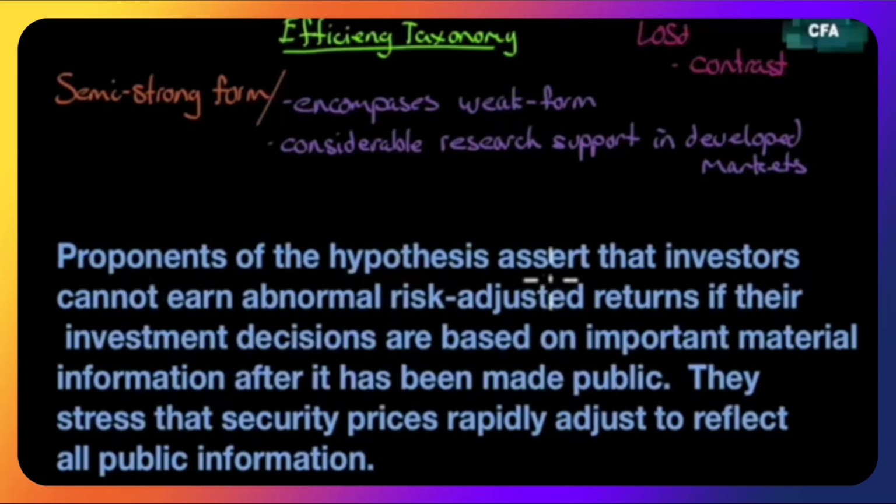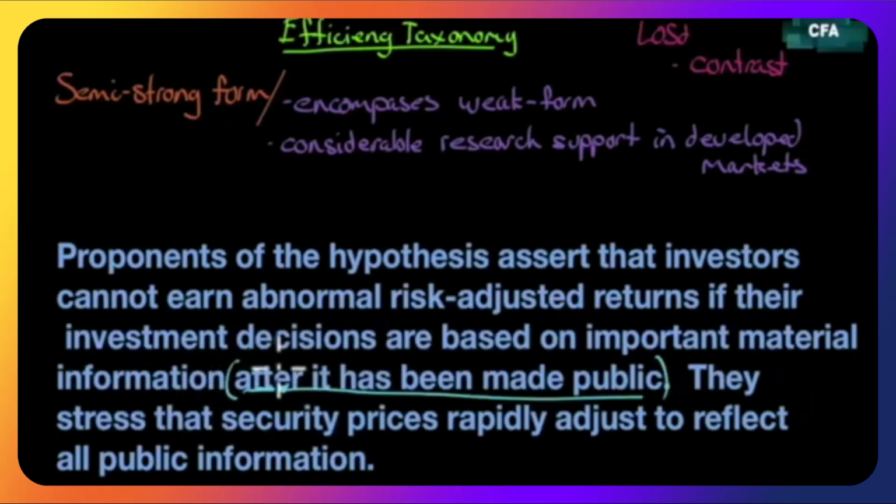Proponents of the hypotheses assert that investors cannot earn abnormal risk-adjusted returns if their investment decisions are based on important material information after it has been made public. That is a key term here, after it has been made public. Let's just read that again so we understand that. Cannot earn abnormal risk-adjusted returns if their investment decisions are based on important material information after it has been made public.